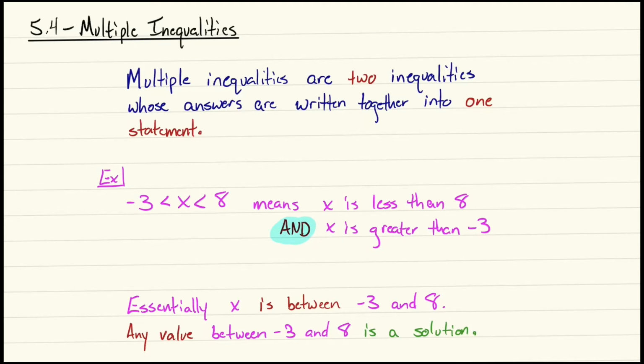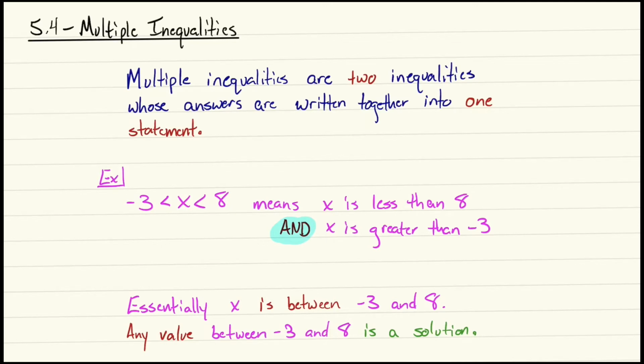That's a weird way to look at it, right? Saying that x is less than 8, but x is also bigger than -3. Essentially what we're saying here is that x, our variable, is somewhere in between our low number, which is -3, and our high number, which is +8. So any value between -3 and +8 will be a solution.